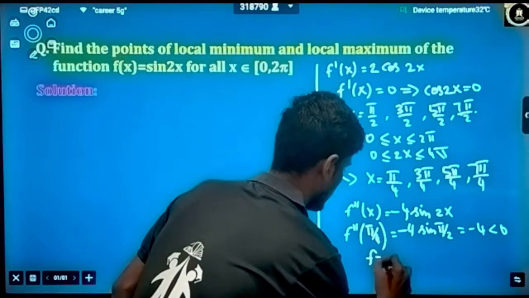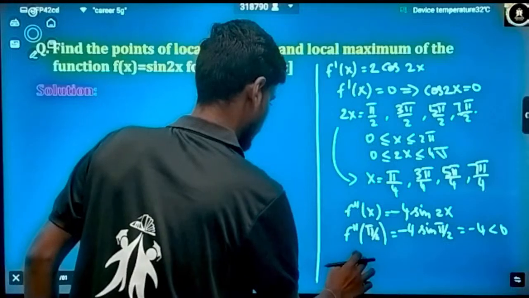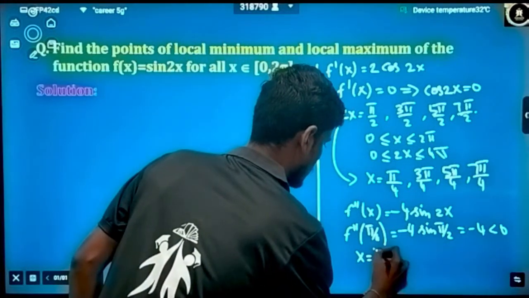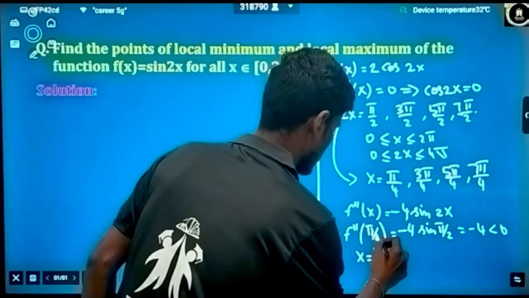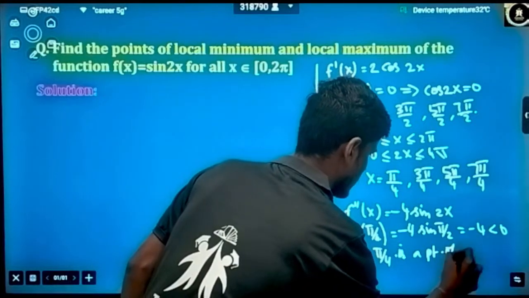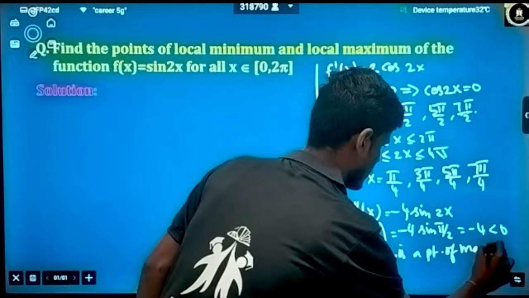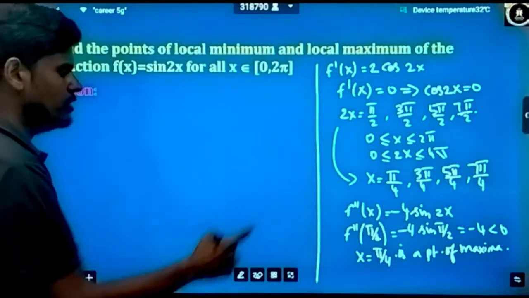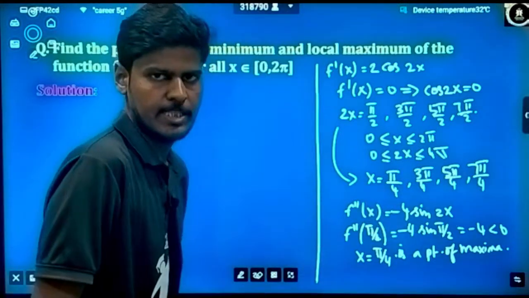So x equal to pi by 4 is a point of maximum. Clear, students? Now what we need to do? We have already seen x equal to pi by 4 is a point of maximum.